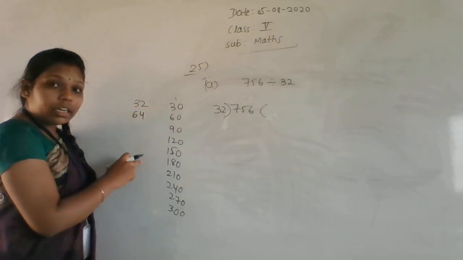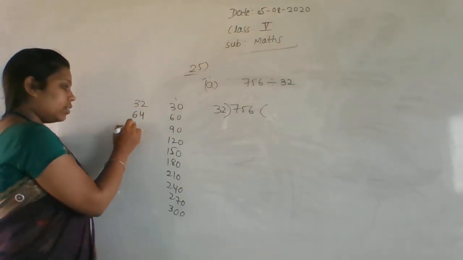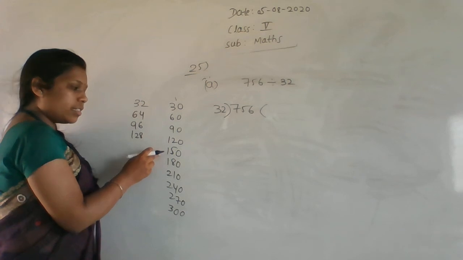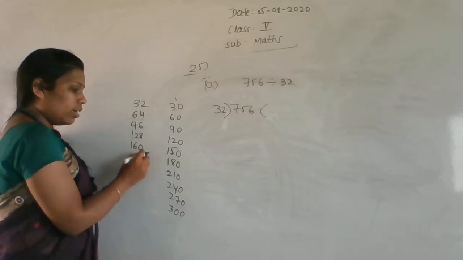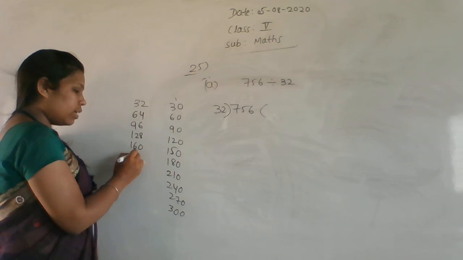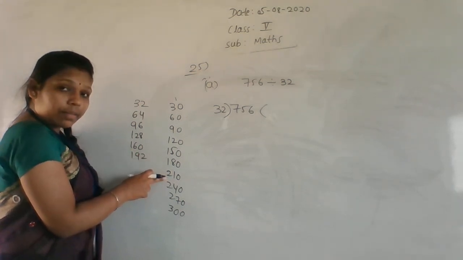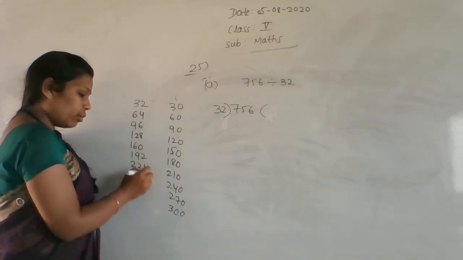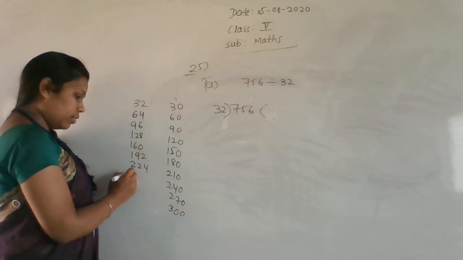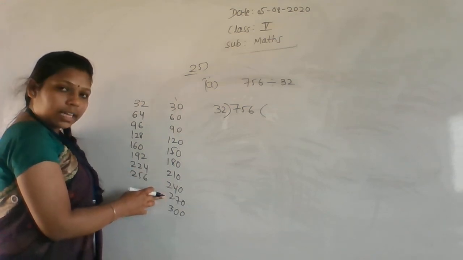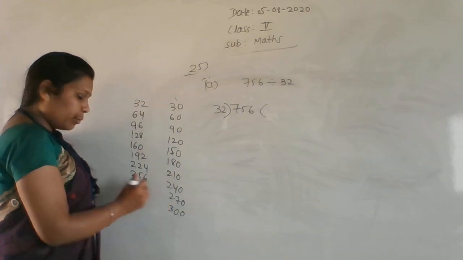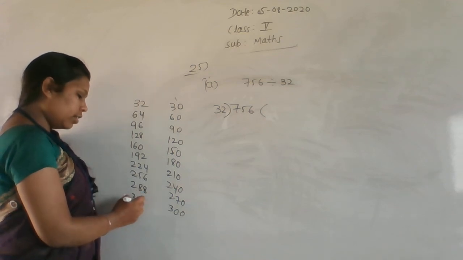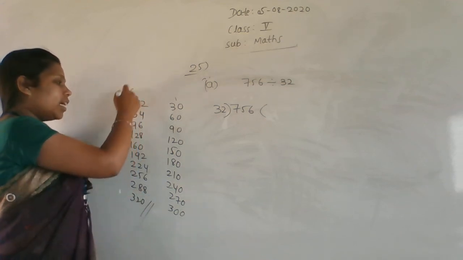Next, 2 3s are 6, add this, 96. 2 4s are 8, 128. 2 5s are 10, that is 160. 2 6s are 12, that is 192. 2 7s are 14, add 14, 224. 2 8s are 16, 256. 2 9s are 18, 288. Next value is 320. So this is the 32 table.